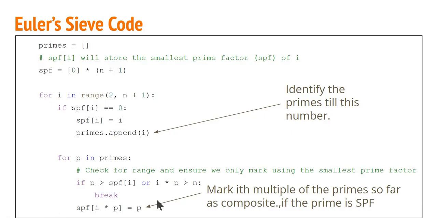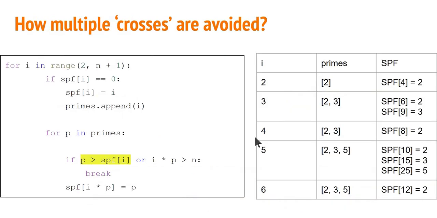We'll see how this actually works out. The idea is that if I find that P is more than SPF of i, which is the present SPF of the present number, then I just break out. Otherwise, I mark i times P's smallest prime factor as P. Because remember, i is a multiplier, P is the number that we are looking at. Again, all of this becomes much clearer if we look at an example.